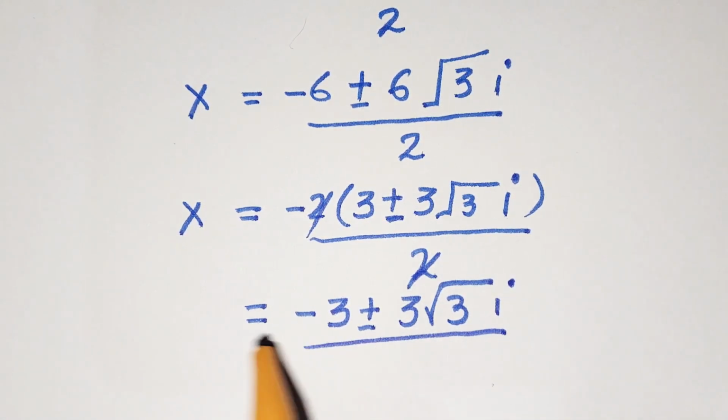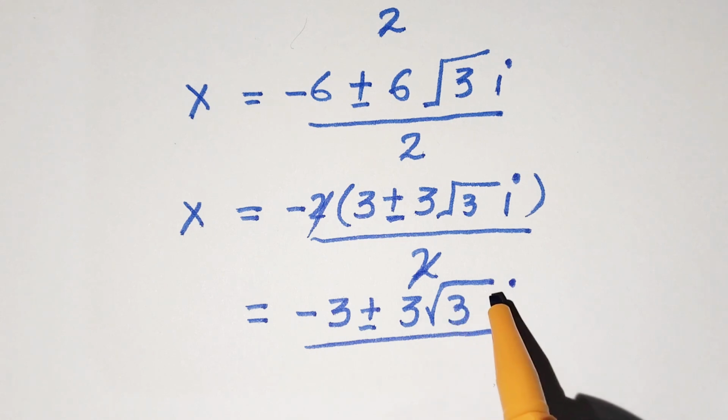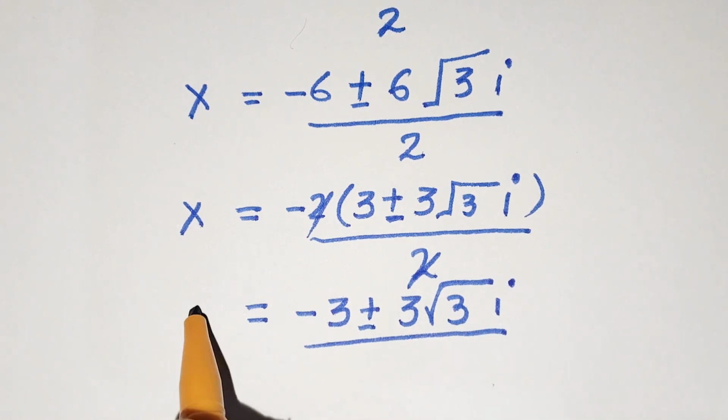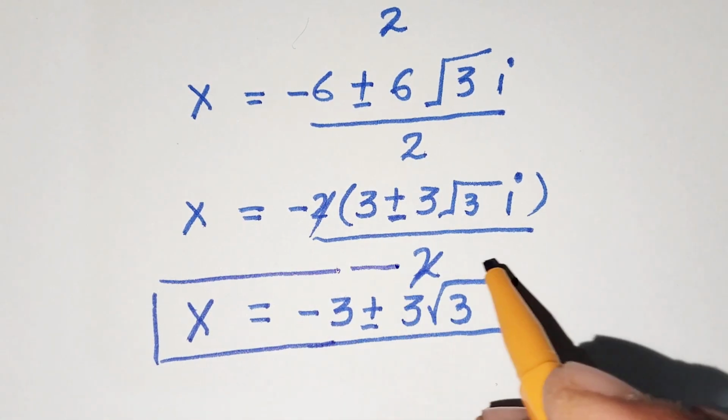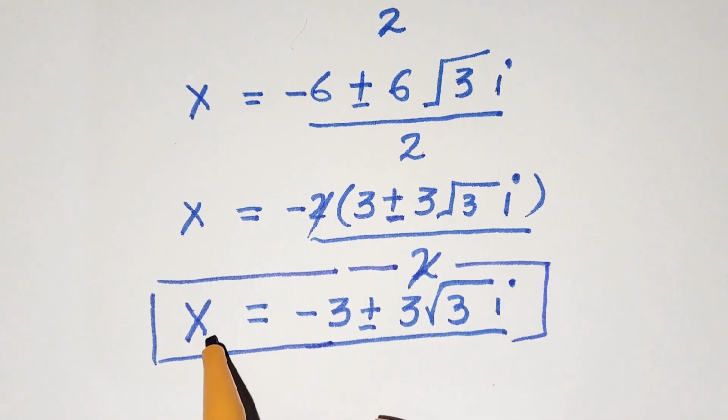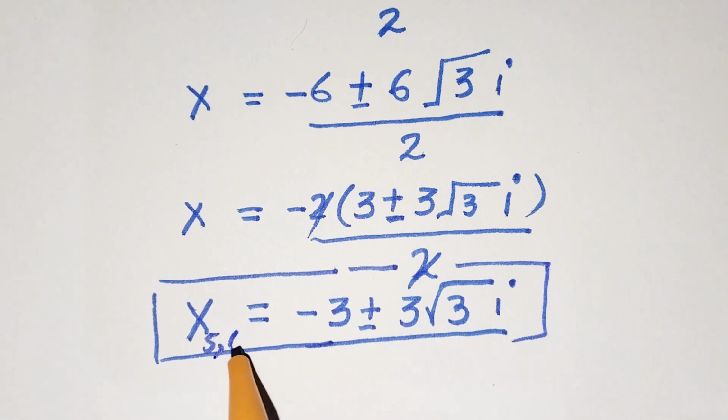So these are the values of x, and we write them as x5 and x6.